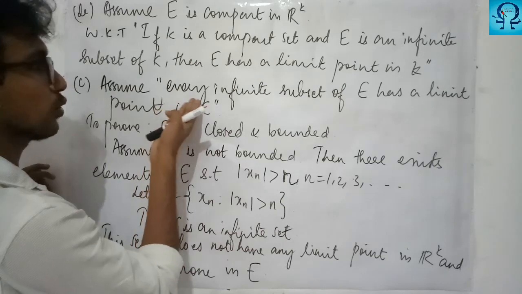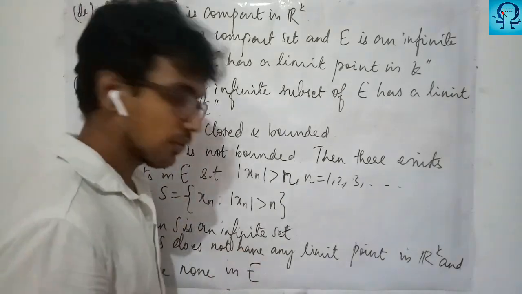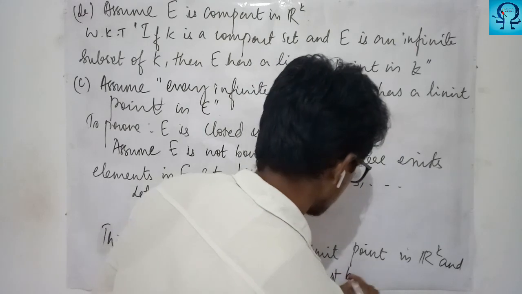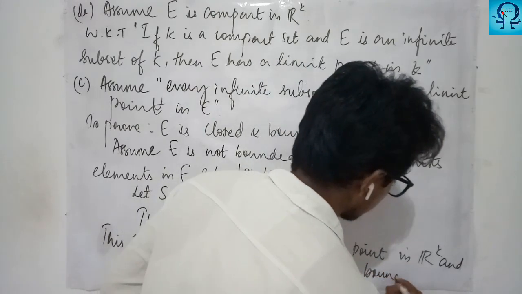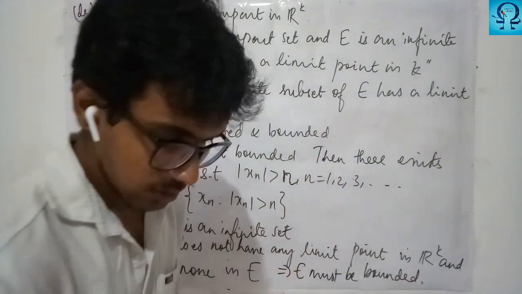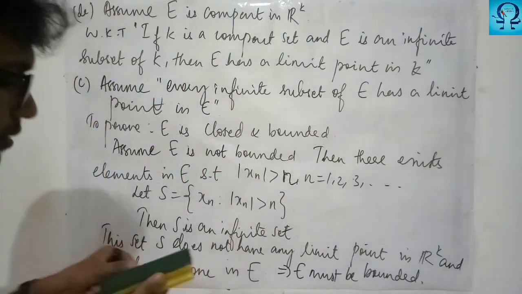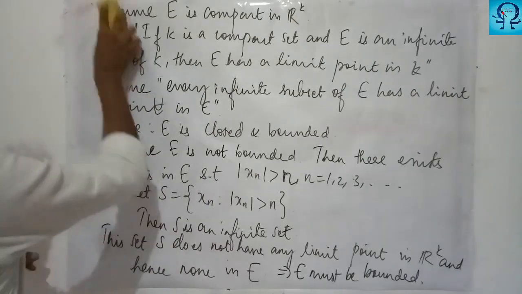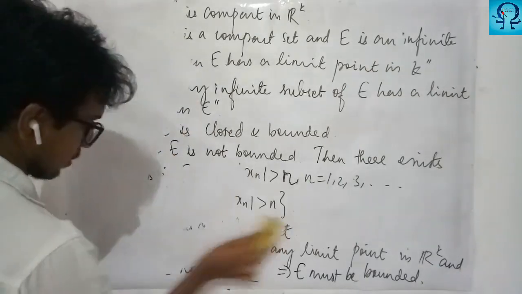It is a contradiction to our assumption. Therefore, E must be bounded. Right? So next it is left to prove only that E is closed. Let us do that now.